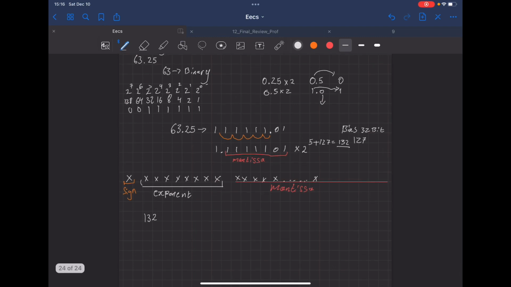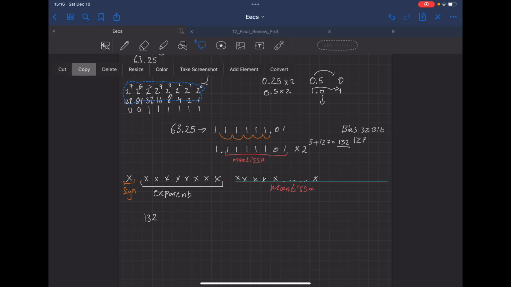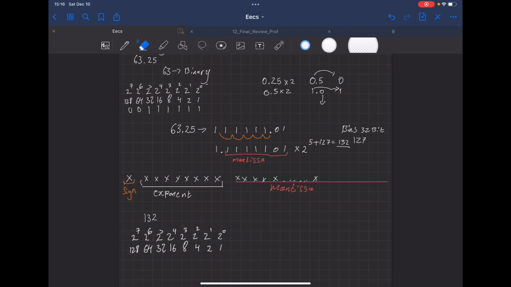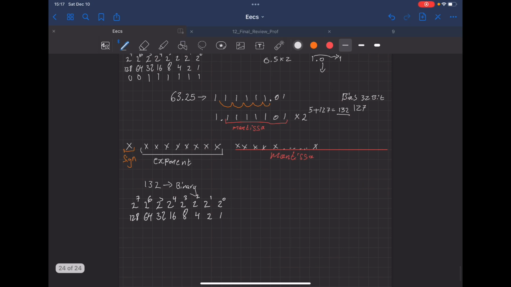Again, I'm going to use the help of technology here by copying and pasting all of this information, to save us a little bit of time. So 132 to binary.